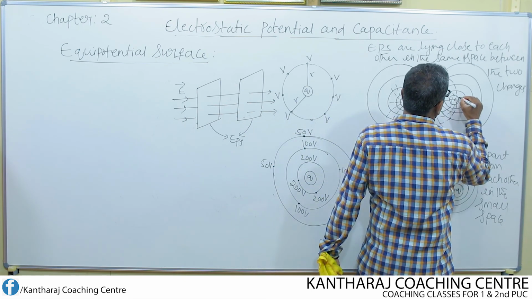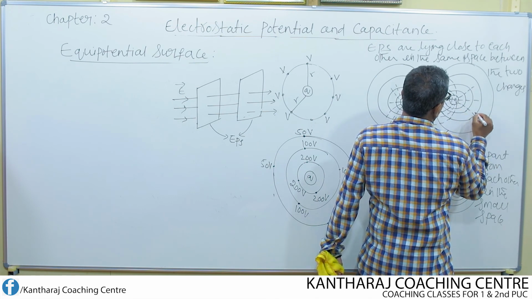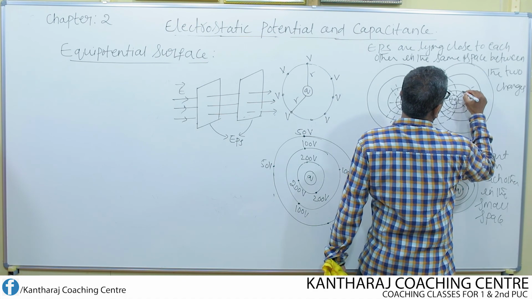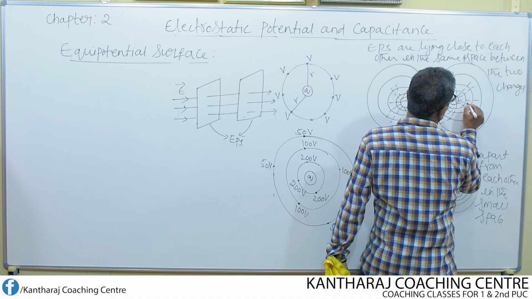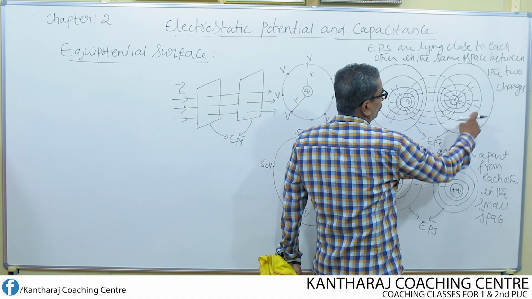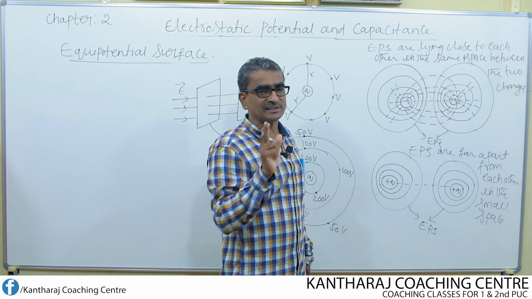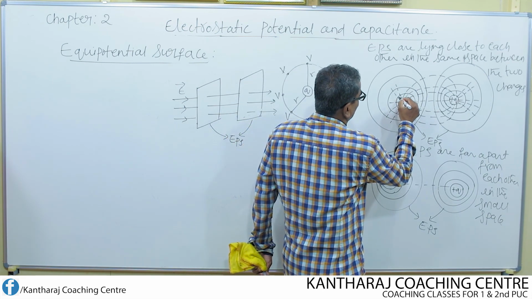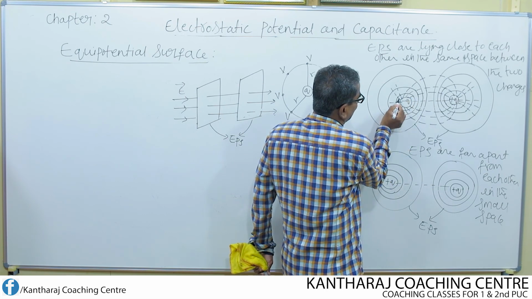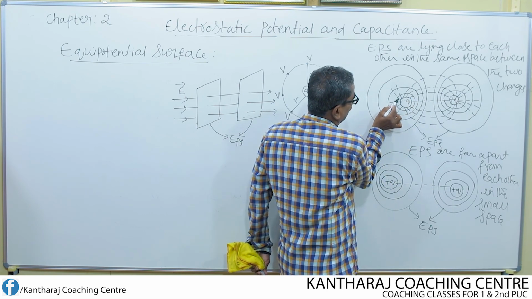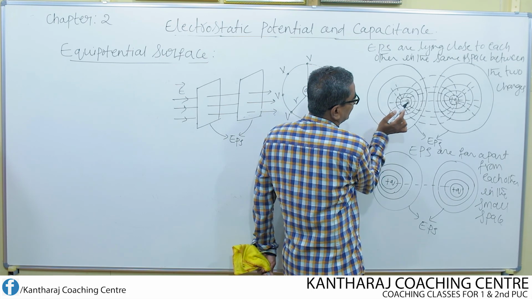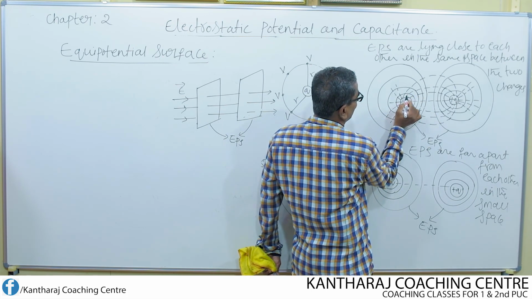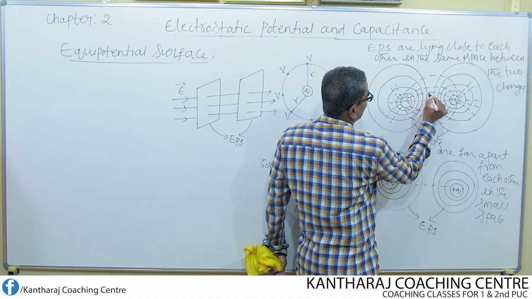So we can draw electric lines of force, but care must be taken while writing them. What is that care? We should draw the electric lines of force in such a way that no 2 electric lines of force intersect. One electric line of force, look here, is not intersecting with this. This one is not intersecting with this. Like that you have to write. Even here also, this is one electric line of force, and it is not intersecting with this.